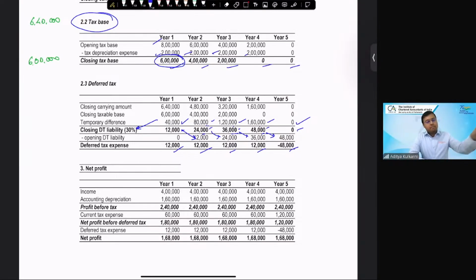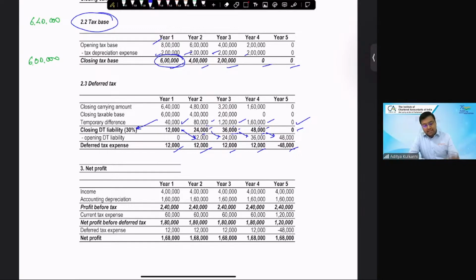Whether you impair and then depreciate, or depreciate directly, or revalue and depreciate, do whatever you want, ultimately the final outcome of this asset is that it will be fully depreciated.